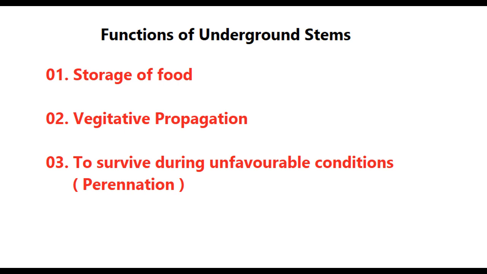And we learned the examples as well. And now we know what the main functions of plant stems are and what the other functions are as well. And further, we learned what underground stems are and what their advantages are. So, what are the functions of underground stems, along with some examples. I hope this part is very clear now.